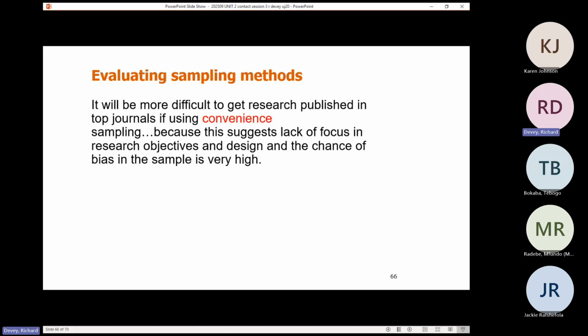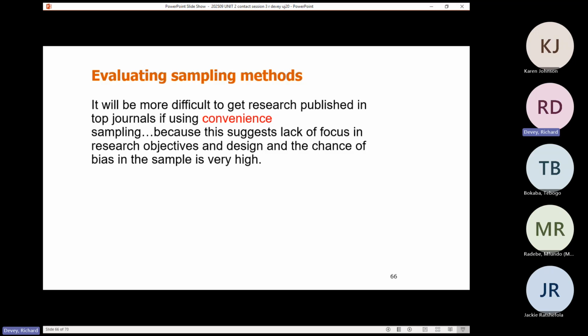So just bear in mind that the sampling method that the student uses might be, I'm just making a point here about convenience sampling, which is the weakest method of sampling. And it might be difficult to publish work which has made use of convenience sampling. It's not impossible. Obviously, sometimes you have to use it.